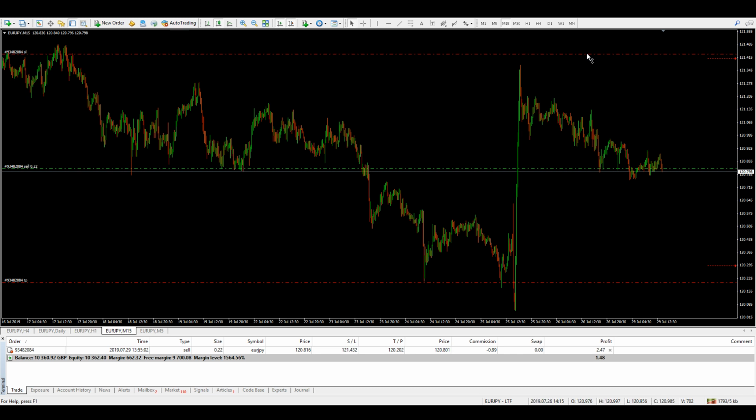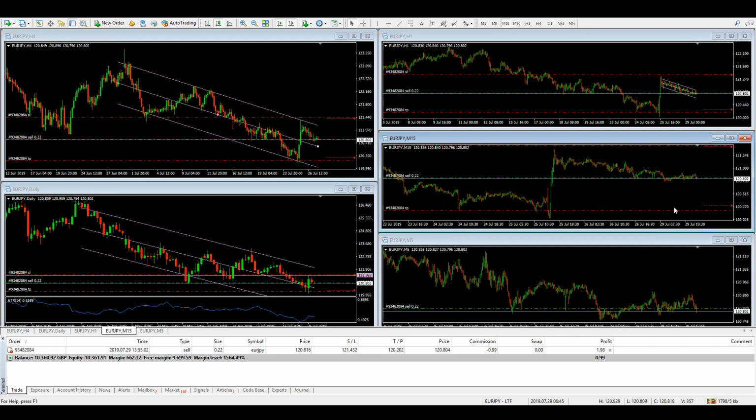They're not exact in terms of 1-to-1. I'm not too bothered about that, as it nears the price level, I'm looking at the smaller time frames anyway to manage the trade. So it's good enough in terms of what I need.